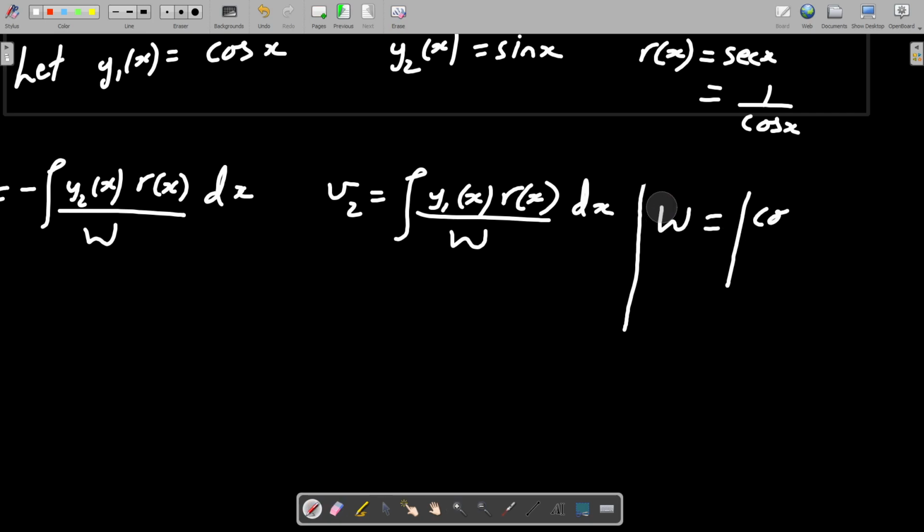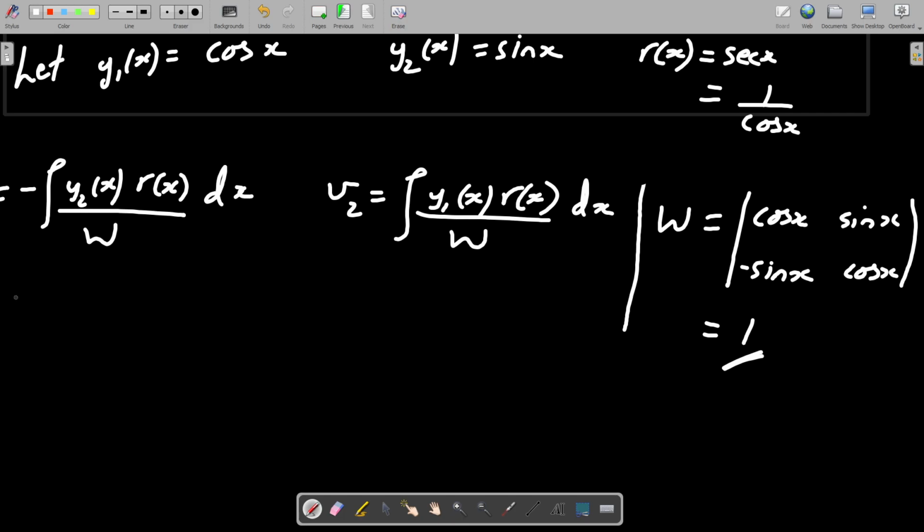So Wronskian will be what? Cos of x, sin of x into derivative of cos, that is going to be minus sin x and this is going to be plus cos x. So it will become cos square x plus sin square x. So the Wronskian will become 1 for this problem.